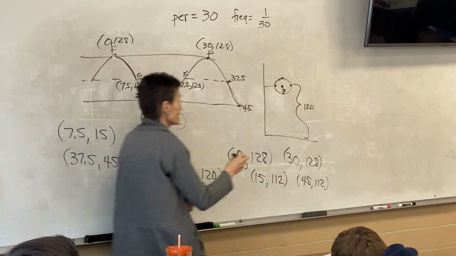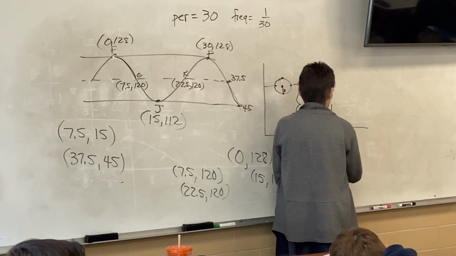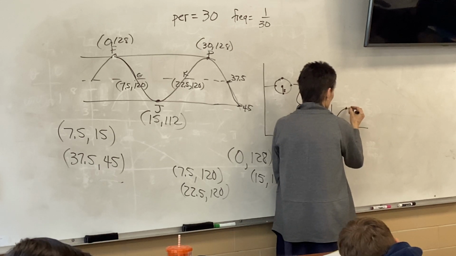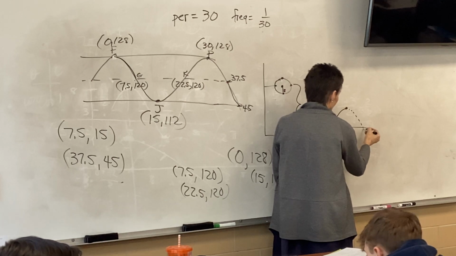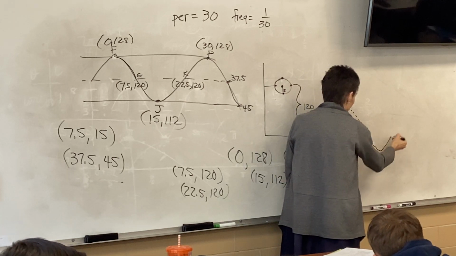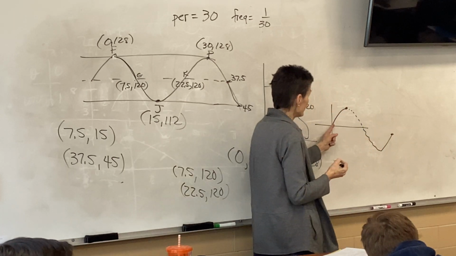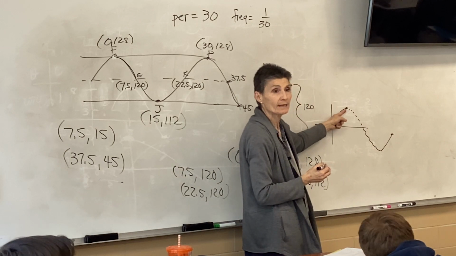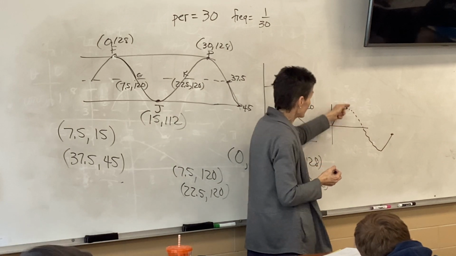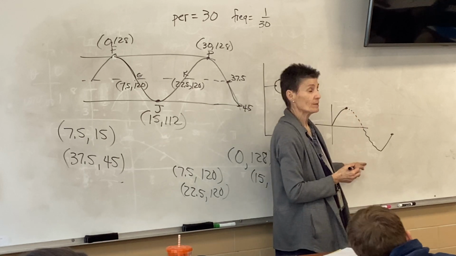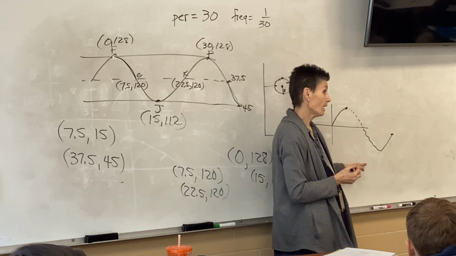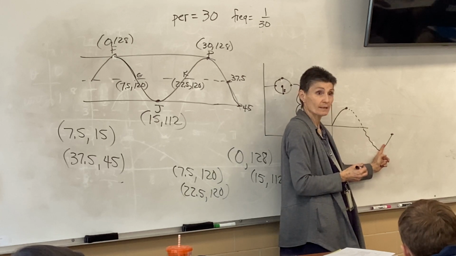Guys, when you look at a sine curve, think about the chunks of the sine curve. This is increasing and concave down, decreasing and concave down, decreasing and concave up, increasing and concave up.